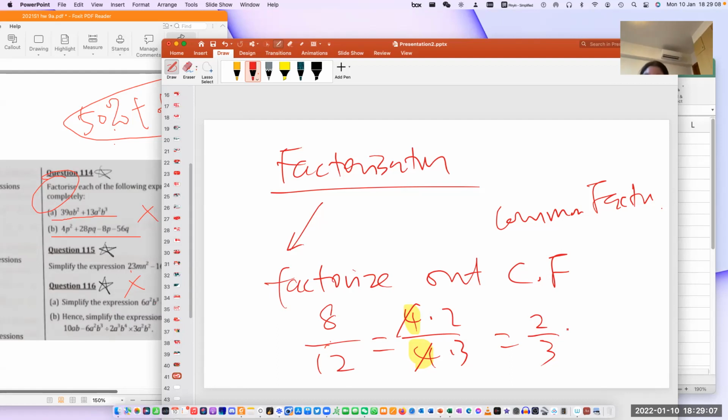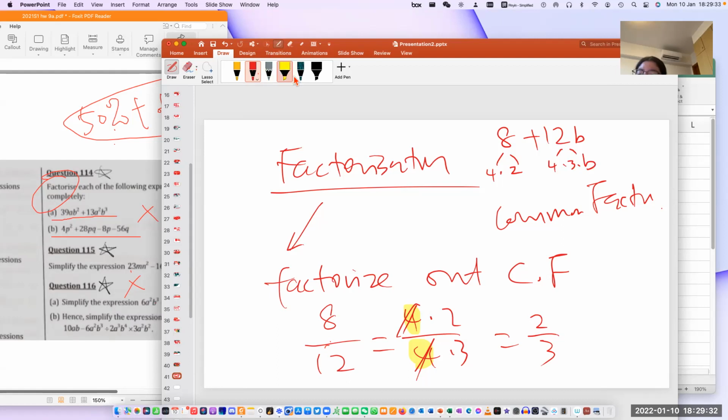All right. So this is the key point. You factorize out the common factor so that you can cancel. So therefore, if you have, let's say 8 plus 12b, so you factor 4 times 2, you factor 4 times 3 times b.